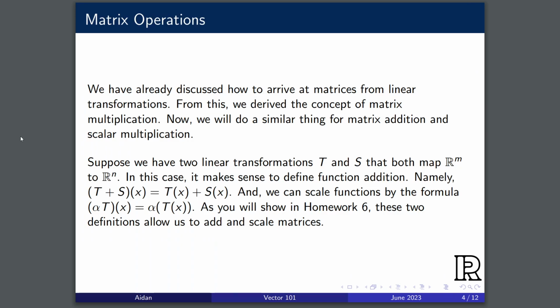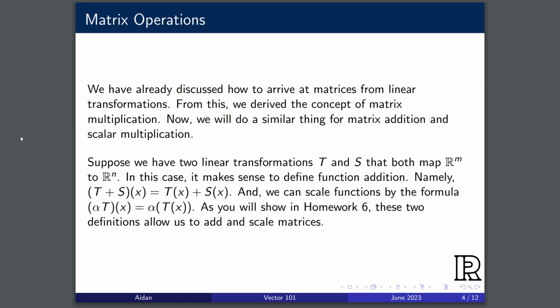So we already talked some about some operations you can do with matrices, particularly matrix multiplication. But you actually can also add matrices, and you can scale matrices by scalars. So if we have two linear transformations, we'll call them T and S. This is actually pretty standard to see them written as T and S. I don't know why it's S, but T comes from transformation, and S is just kind of just there.